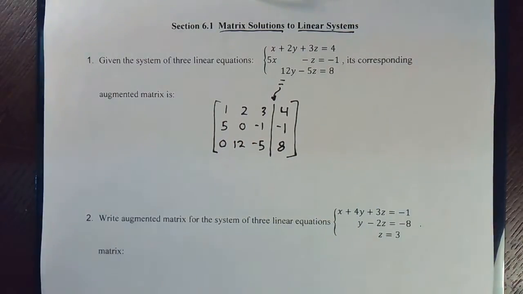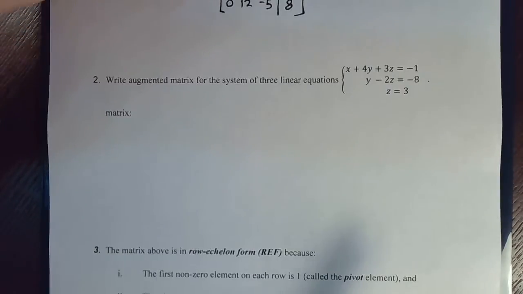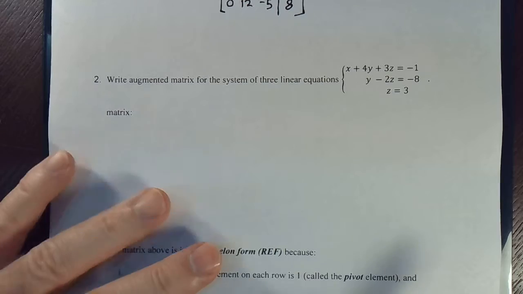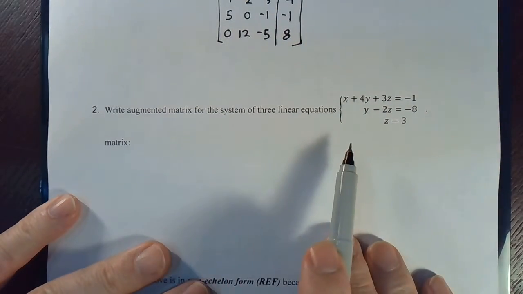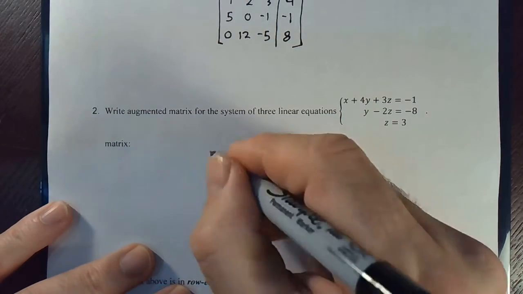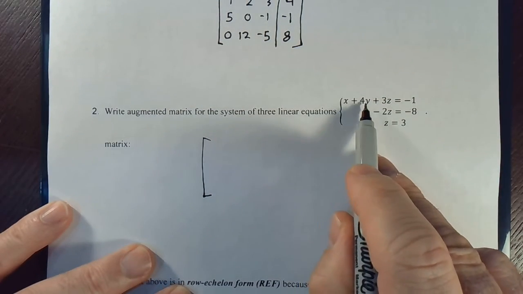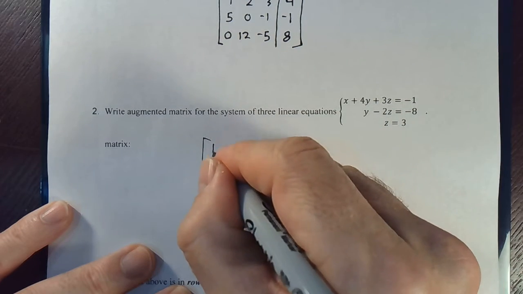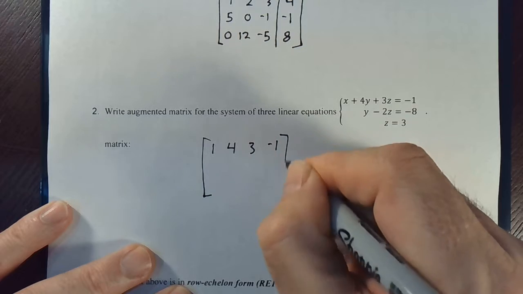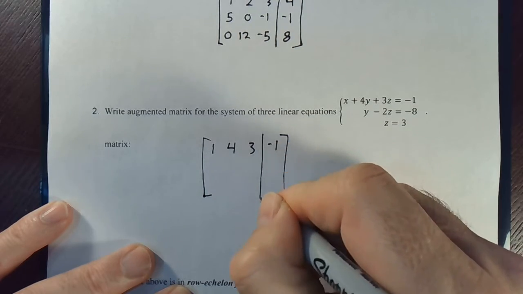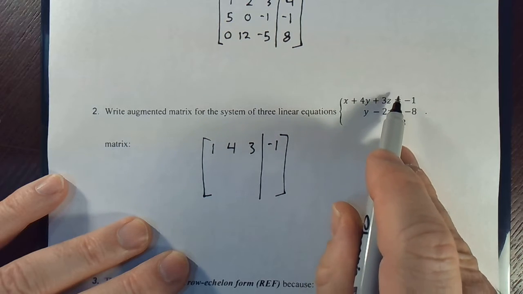So let's do it again with the next one, and you'll notice it's going to look a little bit different. Write the augmented matrix for this system of three linear equations. So the first row will be 1, 4, 3, negative 1. And the vertical bar again kind of corresponds to the equal sign.